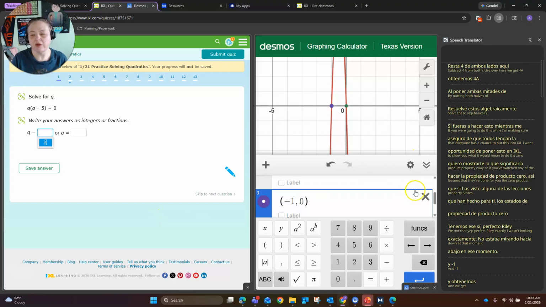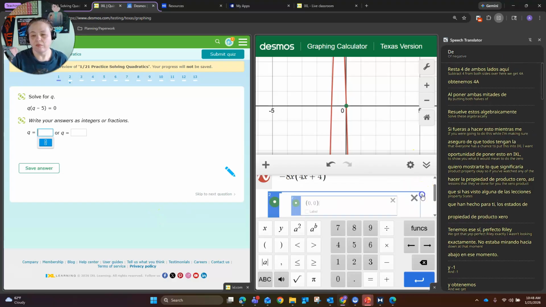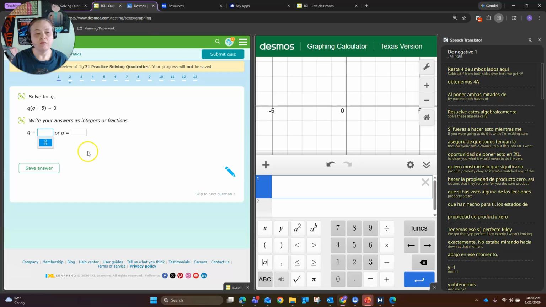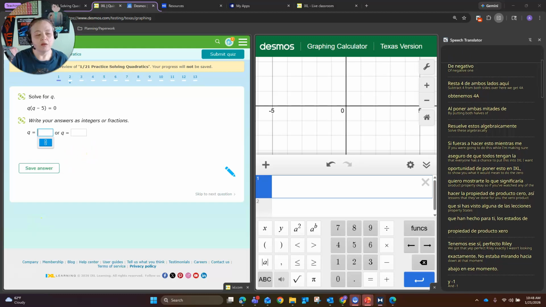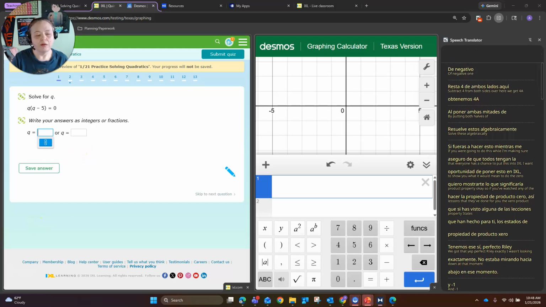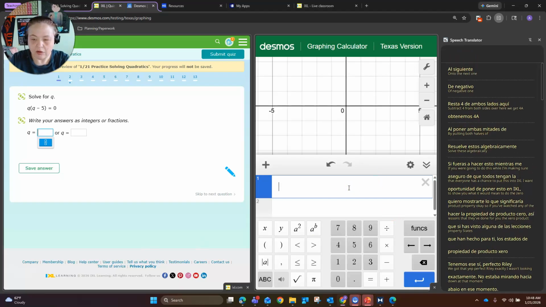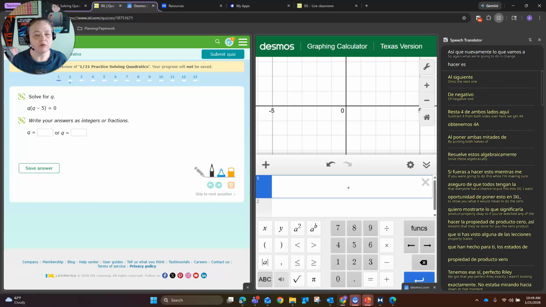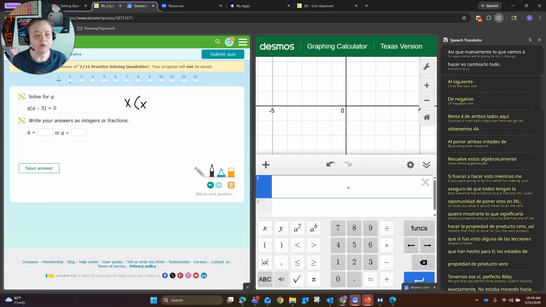So let's move on to the next one. Again, what we're going to do is change everything to x's in order to graph, or set both sections equal to 0.